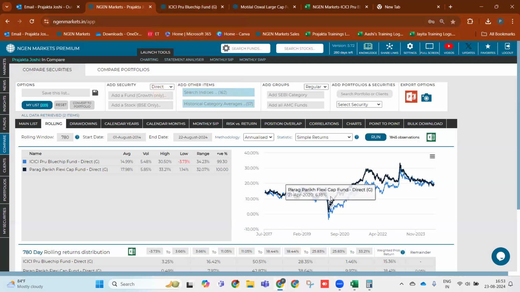Point to point basically takes the point today and compares it to, let's say in a 260-day situation, 260 days ago, and nothing in between.